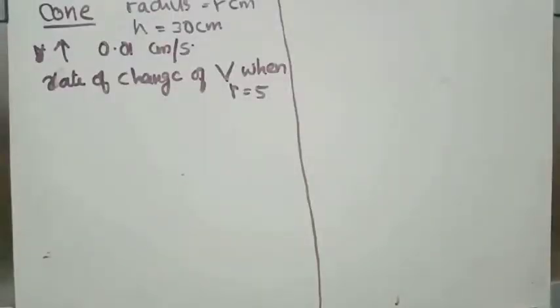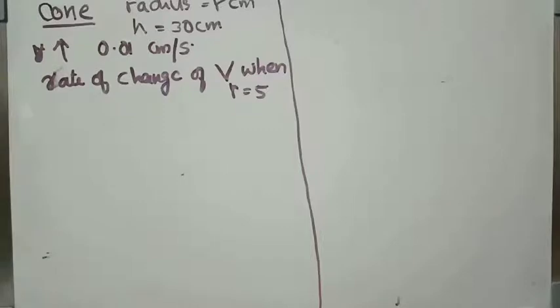In this question, you can find a solid which is a cone, which has a base radius r centimeter and a fixed height of 30 centimeter.